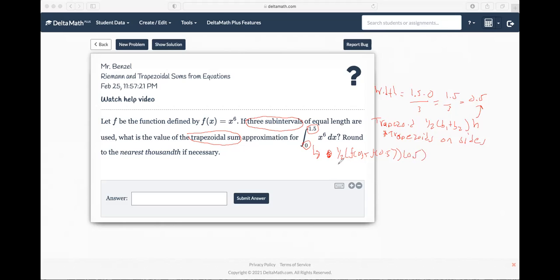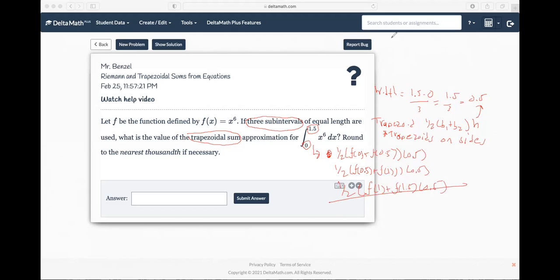And I think it's even helpful, since they're a little bit busy, to line them up column-wise. I think it's easier for some people to see them like that. All right, and then the second trapezoid is going to be f of 0.5 plus f of 1 times 0.5. And then the third trapezoid is going to be f of 1 plus f of 1.5 times 0.5. And that's going to get me the total area.